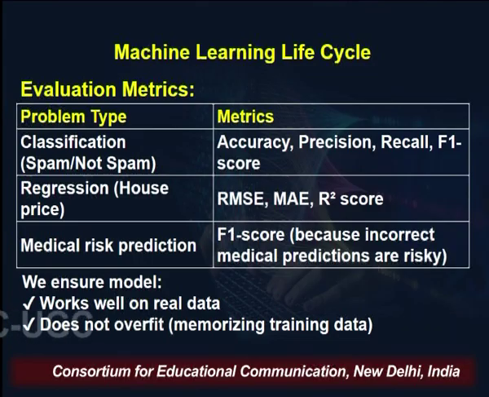If the problem type is regression, where you would like to predict house prices, the metrics would differ: there can be root mean square error, there can be R square score, right. Similarly, when we talk about medical risk prediction, F1 score would be more useful.